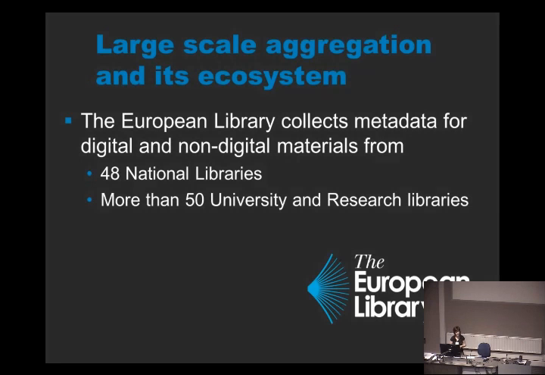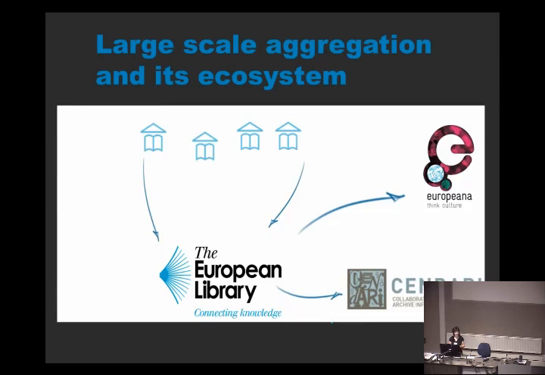So now we have consortia that have joined the service, such as RLUK for the UK, a consortium of research libraries. So we are a service, and we work in a larger ecosystem which involves other actors in the digital library landscape. All the metadata for digital objects that are collected by the European Library are also sent to Europeana.